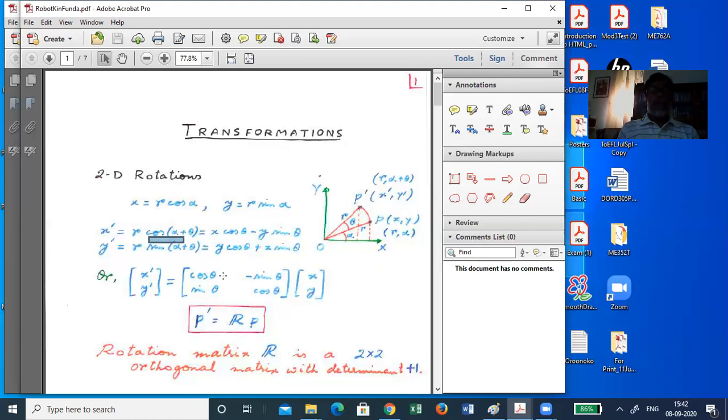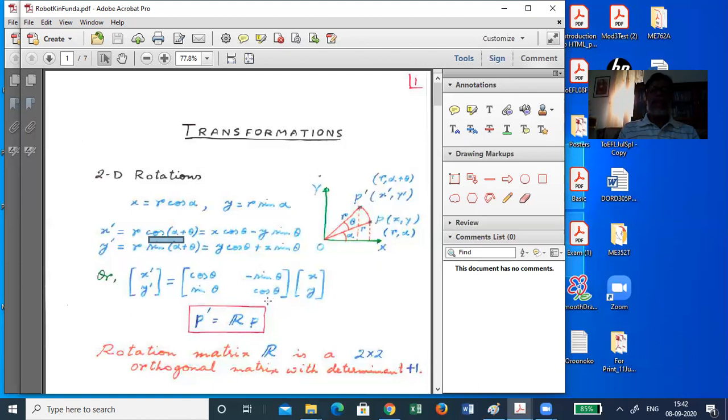So you say that a rotation can be represented through a linear transformation, the matrix of which happens to be this. The plane rotation matrix is a 2 by 2 orthogonal matrix with determinant +1, which you can check. It is orthogonal. This is a unit vector.